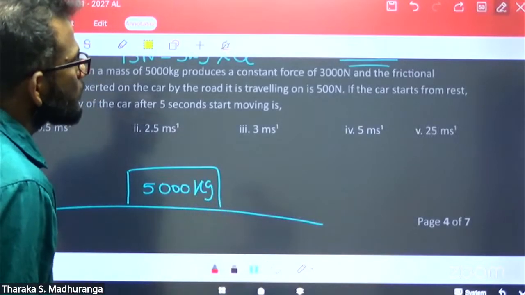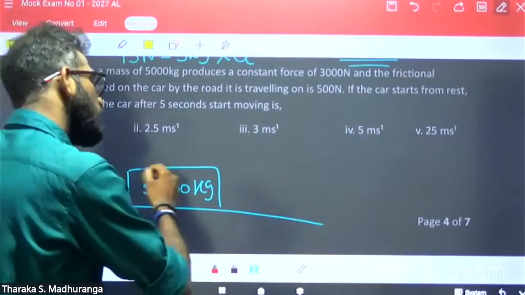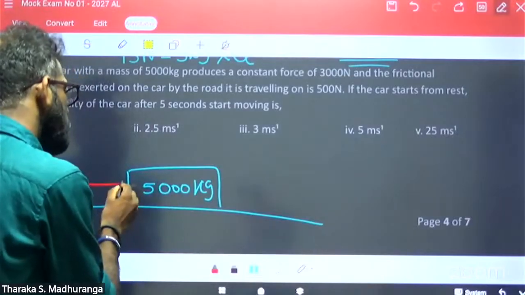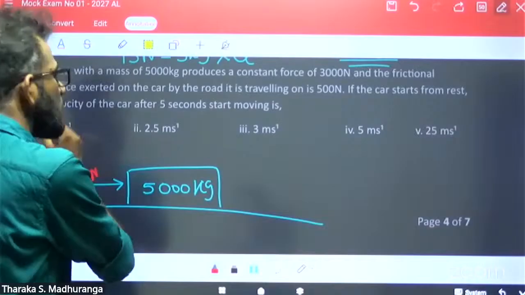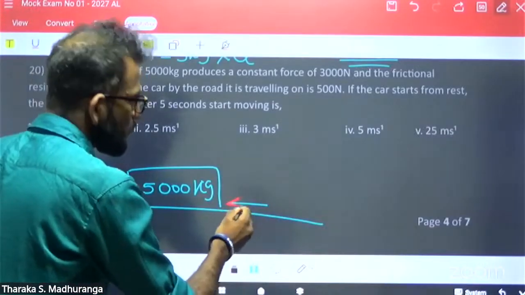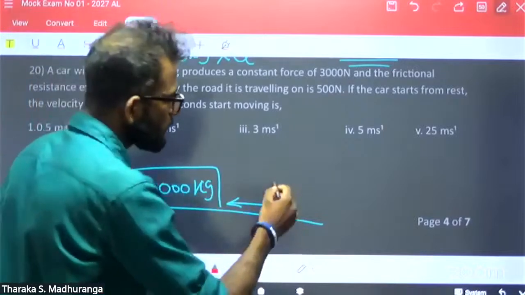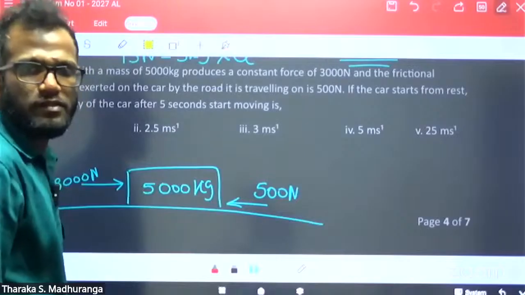The constant force applied by the engine, I think it is moving in this direction, is 3,000 Newton. And the dynamic friction force, the resistant force, is 500 Newton.